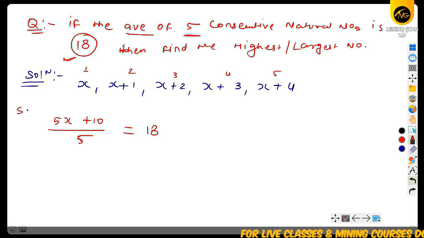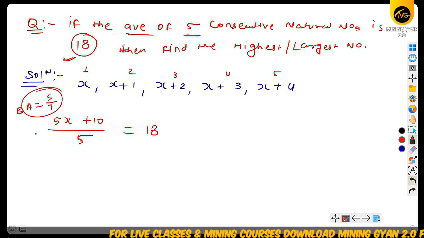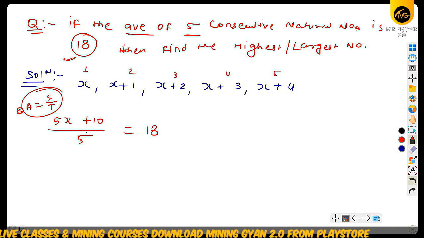Basically this is our formula: average is equal to sum divided by total elements. So now just find the value of x.